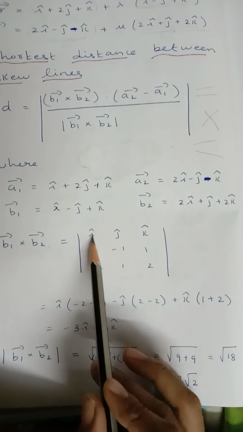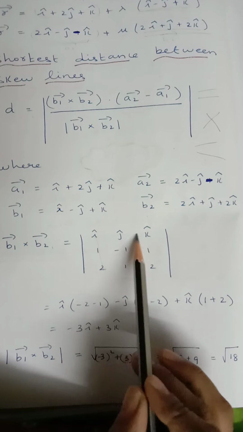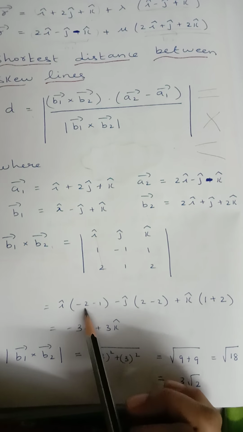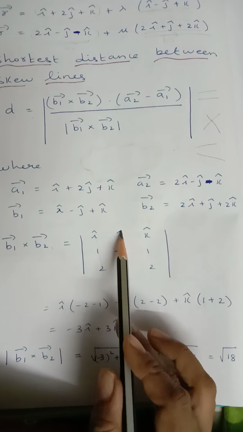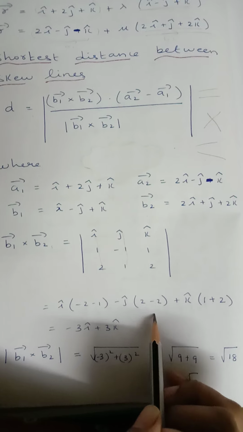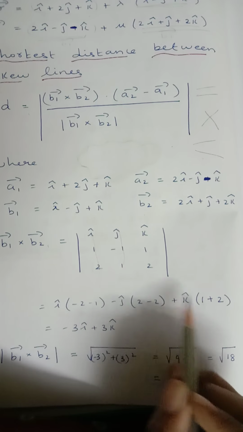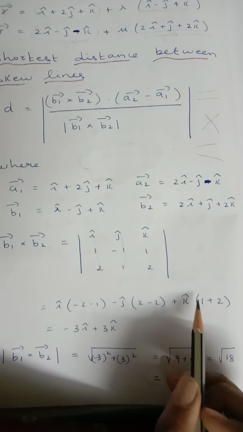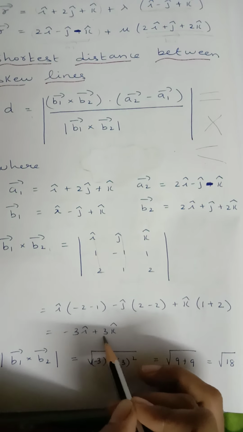You know how to expand this. For i I will cover this: 2 into minus 1 minus 2 into 1. For j, minus j, I will cover this: 2 into 1 is 2, 1 into 2 is 2. For k, I will cover this: 1 minus of minus becomes plus, 1 plus 2. So minus 3i plus 3k.